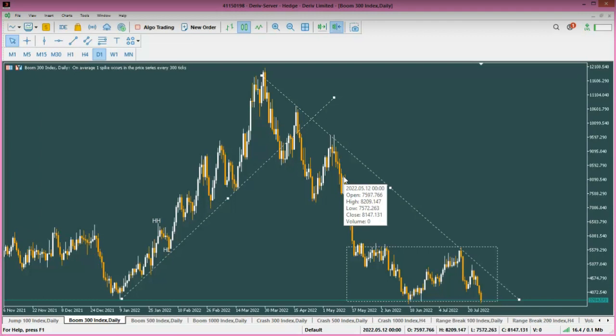So guys, with the structure of the market, or the market structure, one of the most important skills that you need as a trader is the ability to read the market structure.